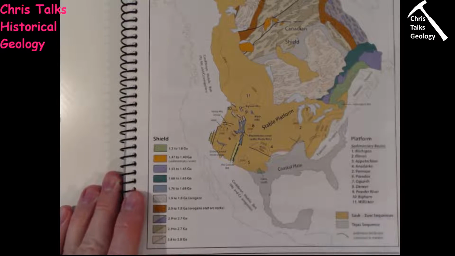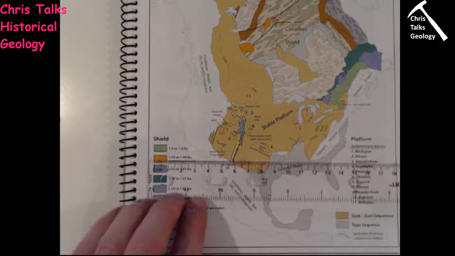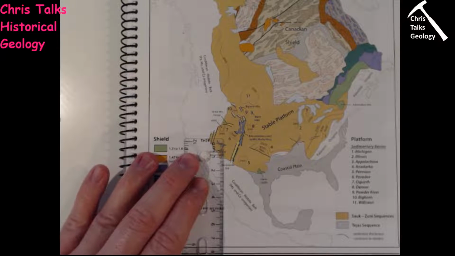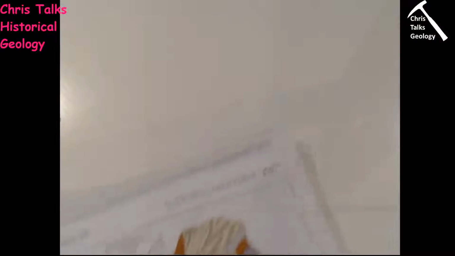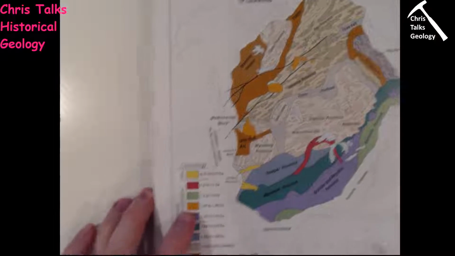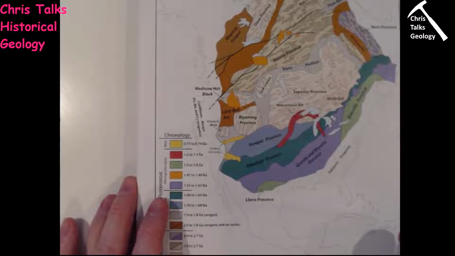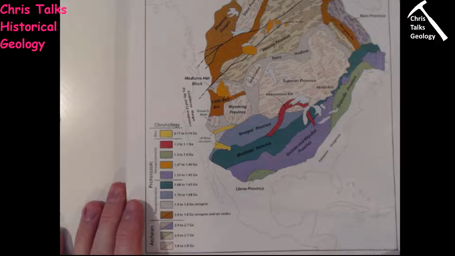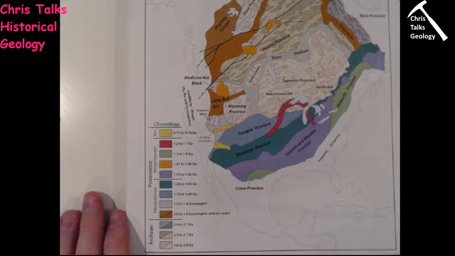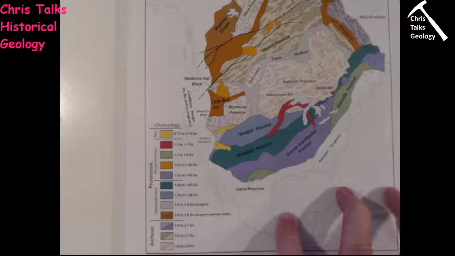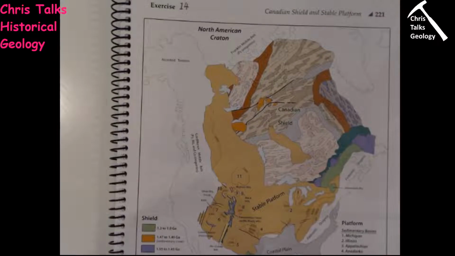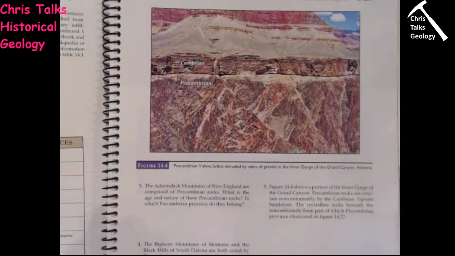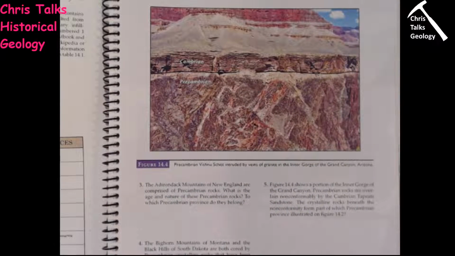So what we're going to do is work out how far in, how far up, and then transfer those measurements onto this diagram here, and work out to which province the Grand Canyon belongs, or more accurately, to which province the Precambrian rocks of the Grand Canyon belong. And then obviously you're going to put that answer here to answer part 5. And then that is it.